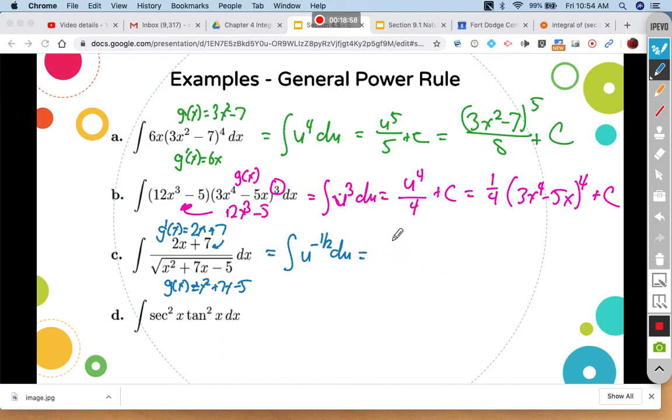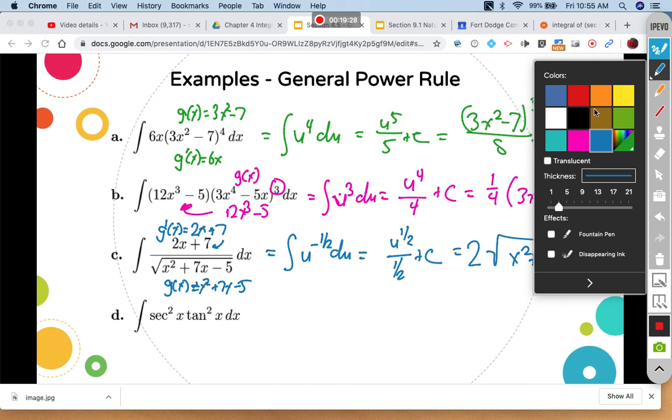And that's going to be u to the 1/2 over 1/2 plus c. So that's going to be 2 times the square root of x squared plus 7x minus 5. Don't forget your c. If you can recognize this pattern, it goes pretty slick and easy. If you don't, well, then we just work through it one of the other ways.